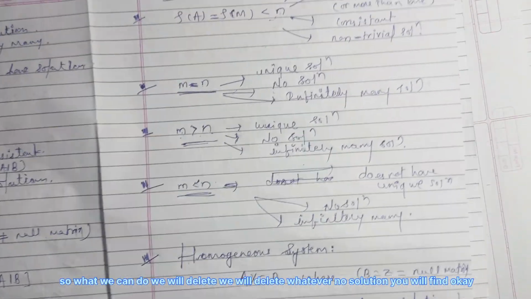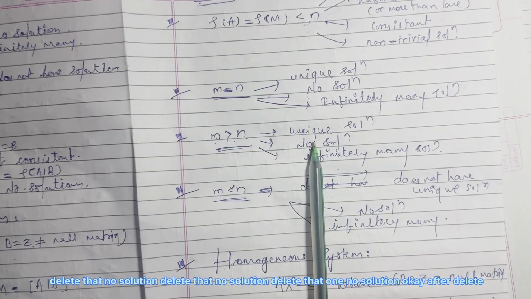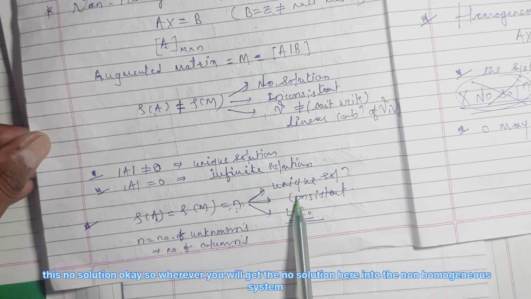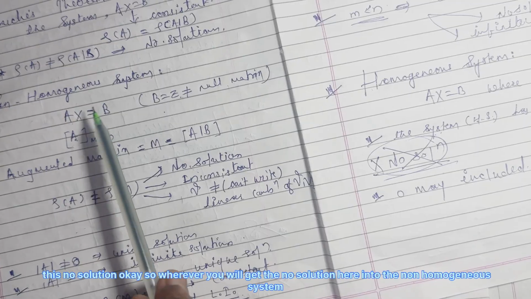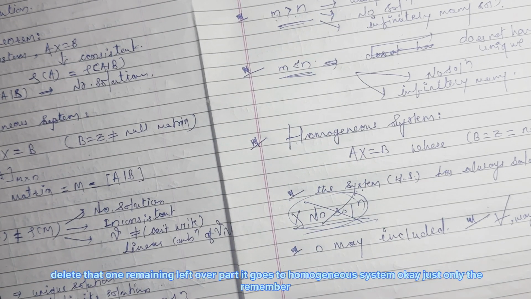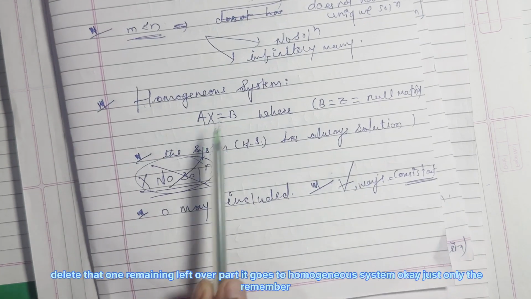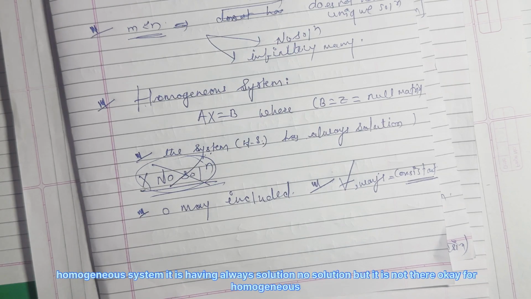What we can do is delete the no solution wherever you find it. Wherever you get no solution in the non-homogeneous system, delete that one, and the remaining part goes to the homogeneous system. Just remember the homogeneous system always has a solution, the no solution part is not there.